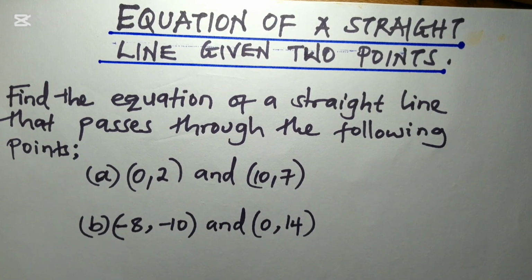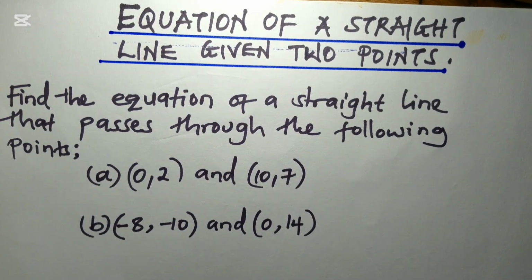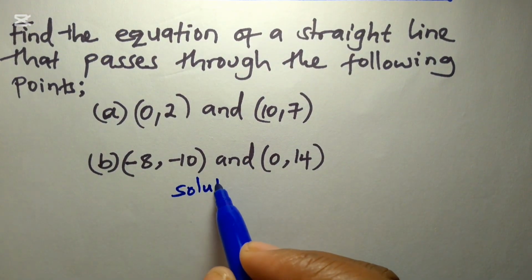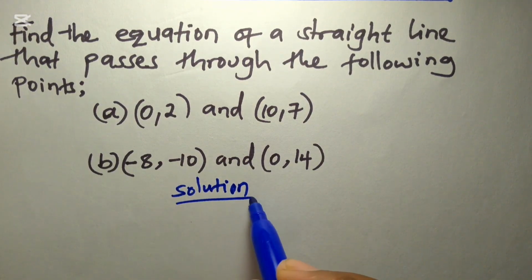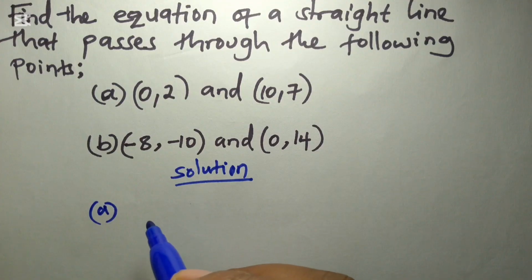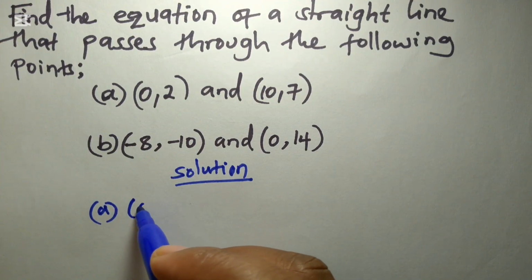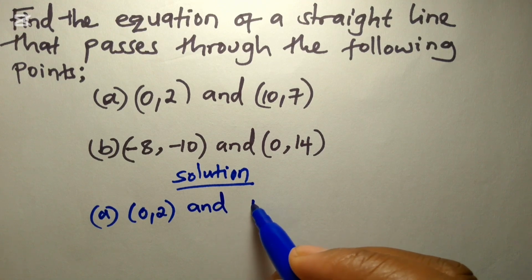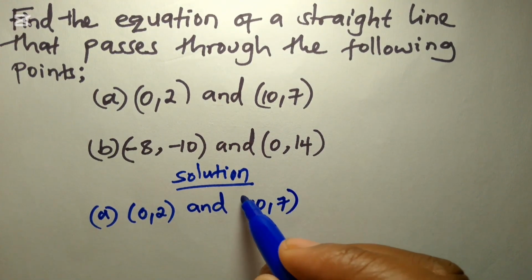So let us start with the solution for part A, where we have the points (0, 2) and (10, 7).